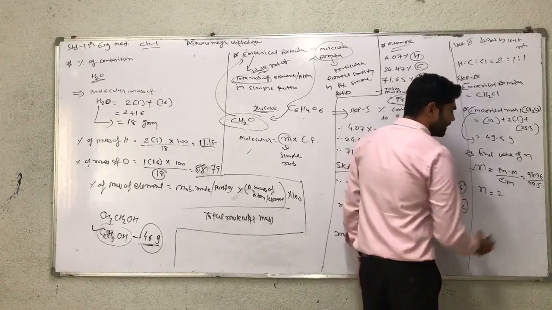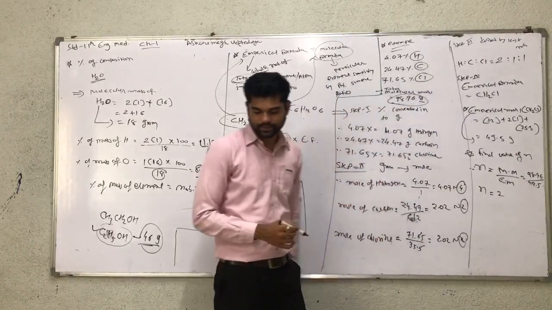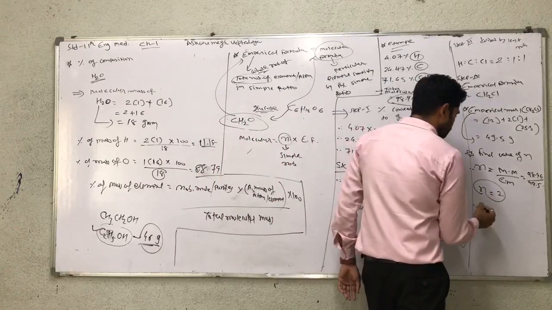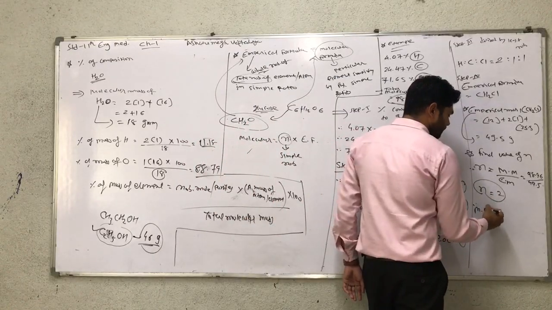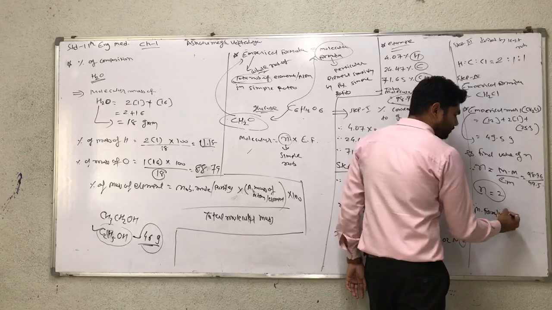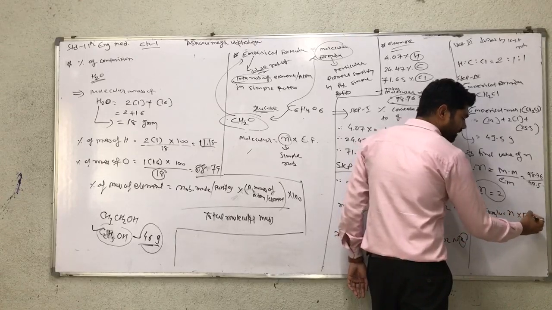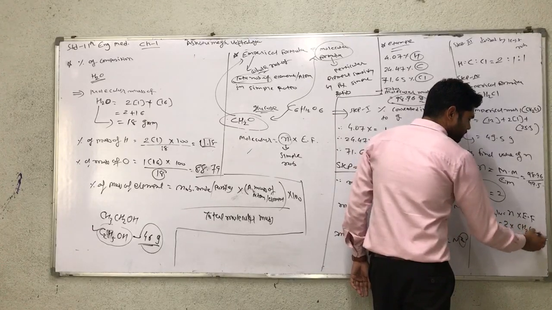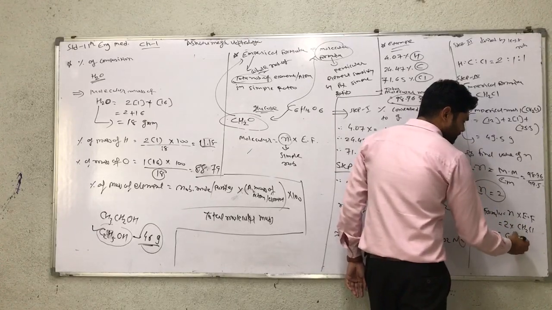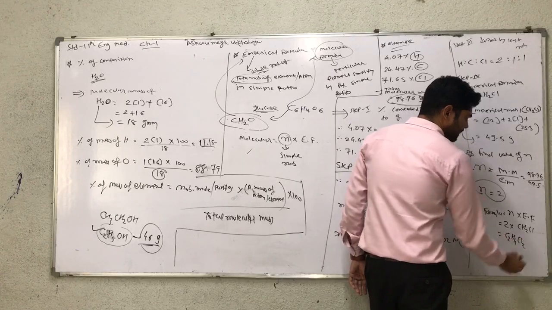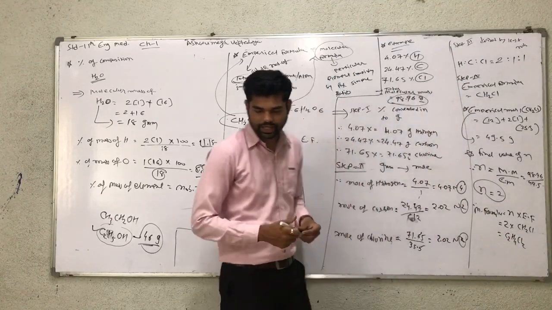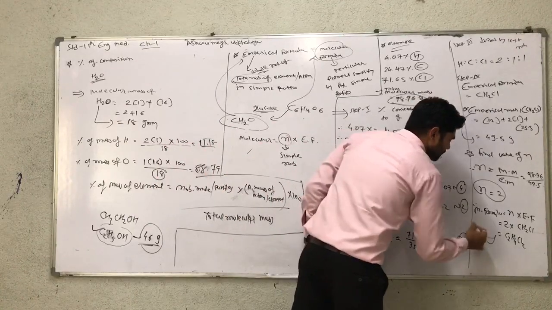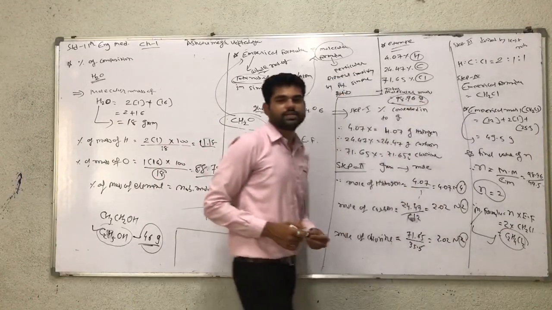So the value of n is equal to 2. Molecular formula is equal to n multiplied by empirical formula. So 2 multiplied by CH2Cl. So the answer is C2H4Cl2. C2H4Cl2 is the molecular formula.